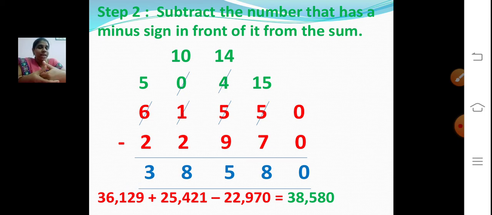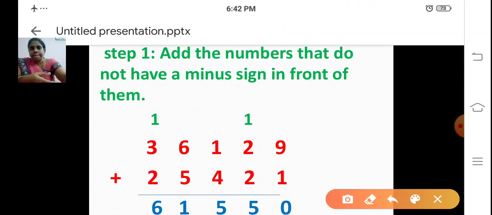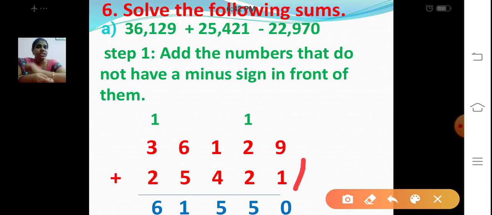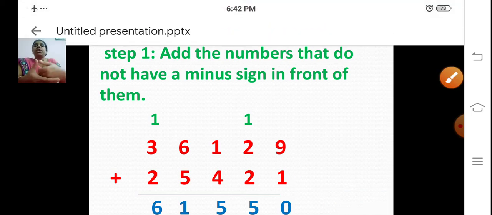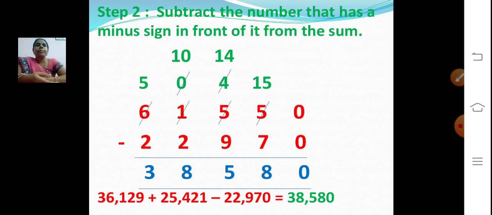From which are we going to subtract? From the sum. So we know the sum, right?